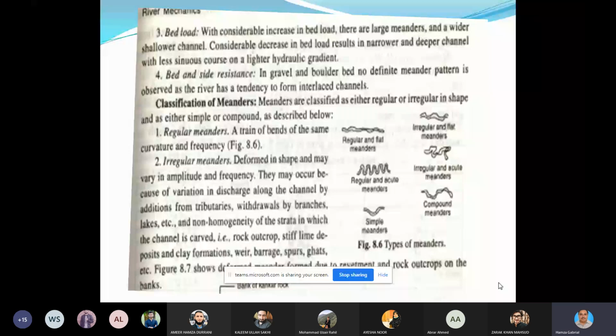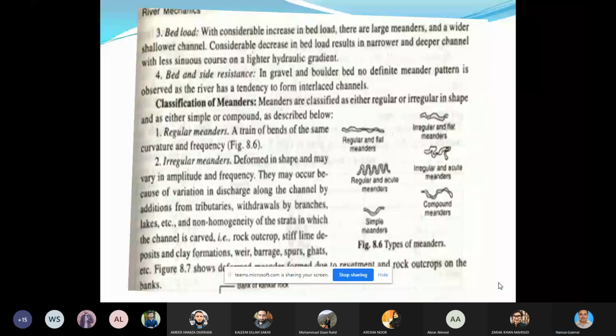And sometimes, due to non-homogeneity of the strata in which the channel is carved, that is, if the river encounters a rock outcrop, or a stiff deposit or clay formation, a weir, a barrage, a spur or groynes, there also you will see irregular meanders, as I will show you in the next figure.